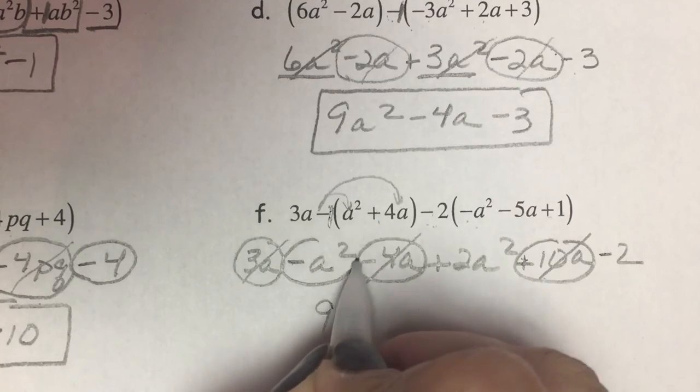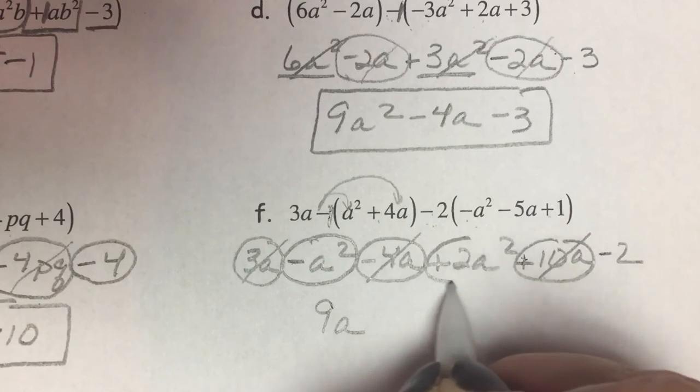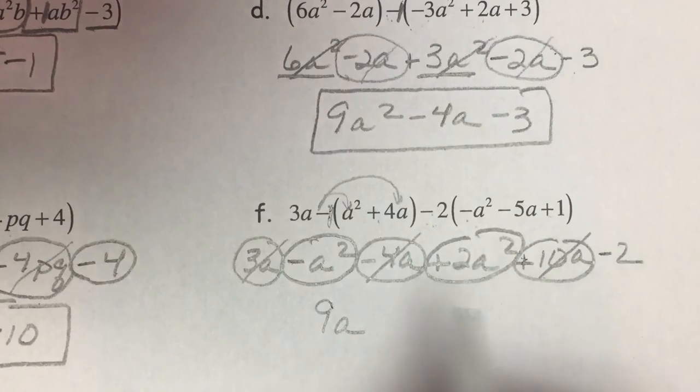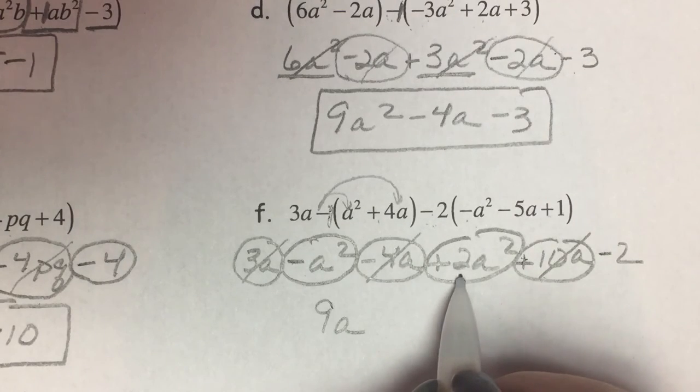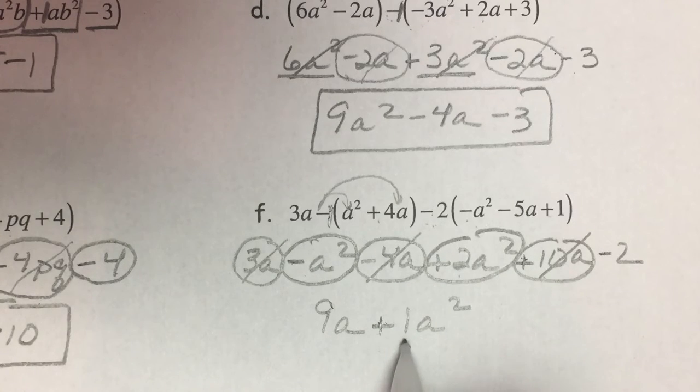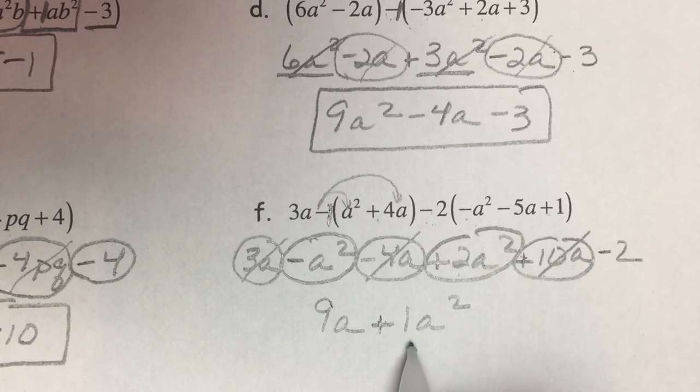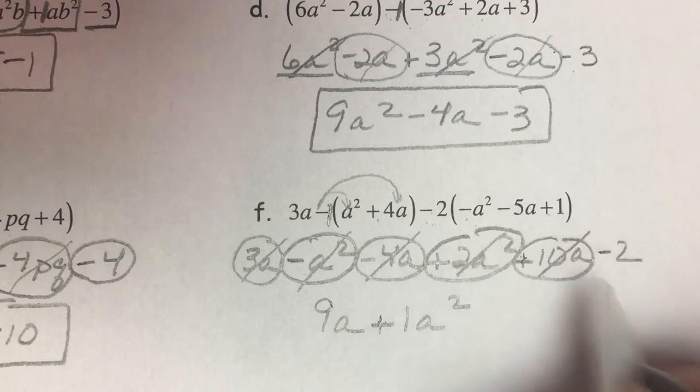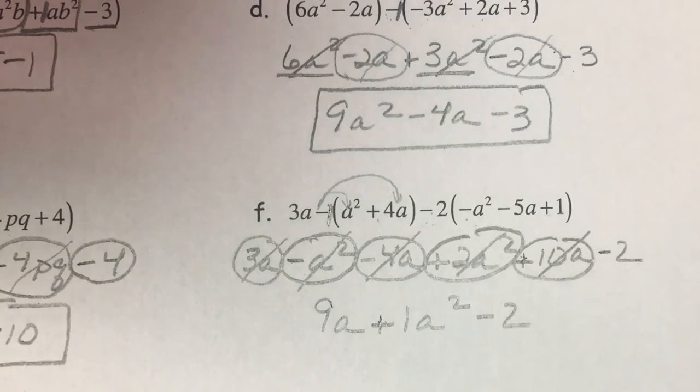Now I've got a negative a squared and a positive 2a squared. A negative 1 and a positive 2 would be plus 1a squared. No, you don't have to write the 1, but it's okay if you do. And then we just have the negative 2 at the end.